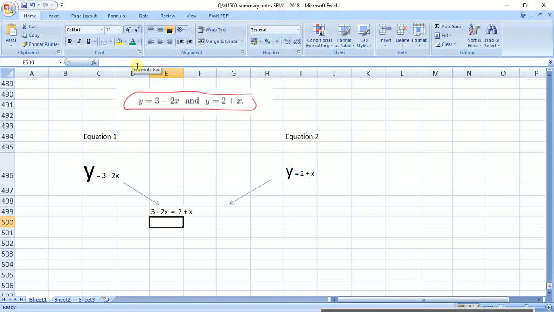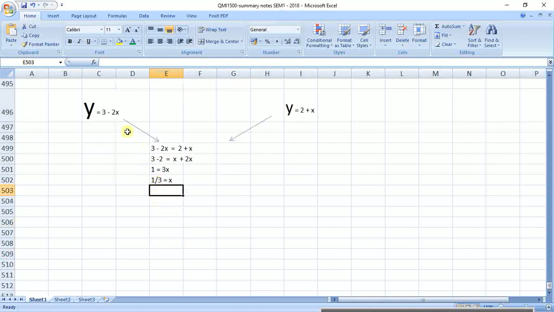Then I take the negative 2x across. So 3 equals, actually let's take the other 2 across: 3 minus 2 equals x plus 2x. Does that make sense? Yes. So 3 minus 2 is 1. 1 equals 3x, so 1 divided by 3 equals x. Now you know that x is a third.